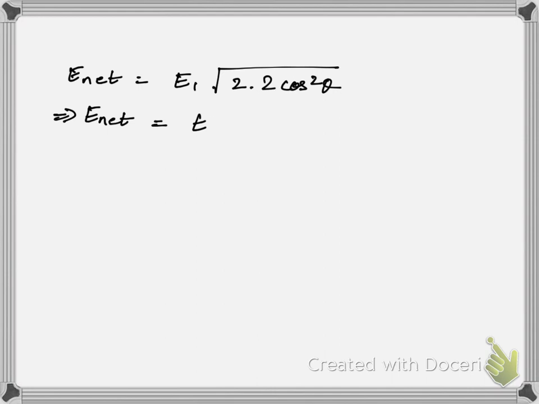So E net is equal to E1 root 2 into 2 cos squared theta, which gives us 2 times cos theta.